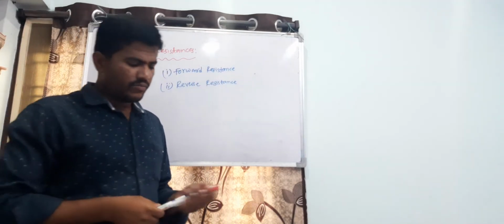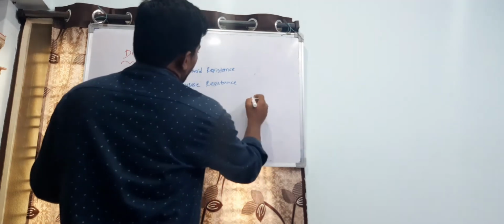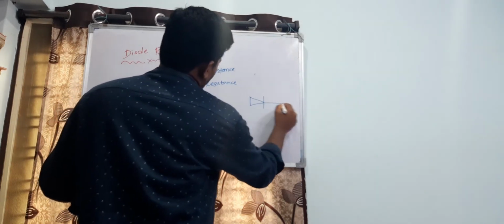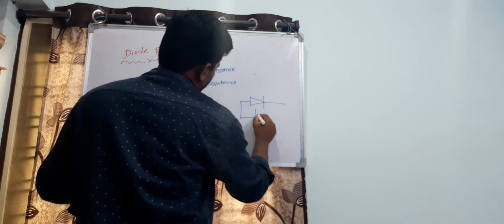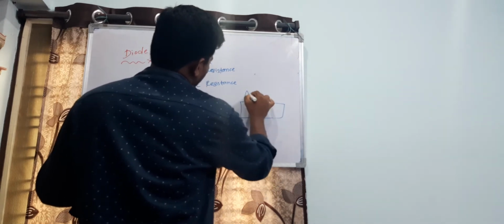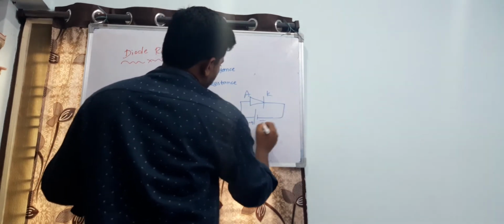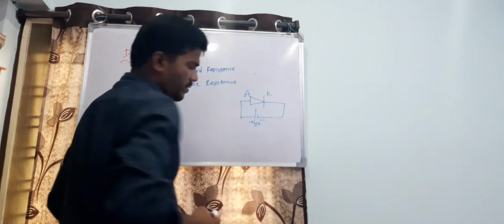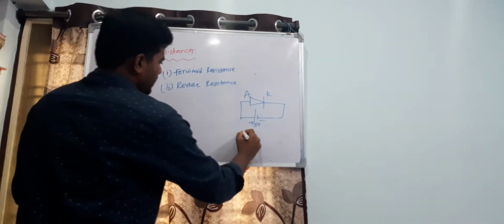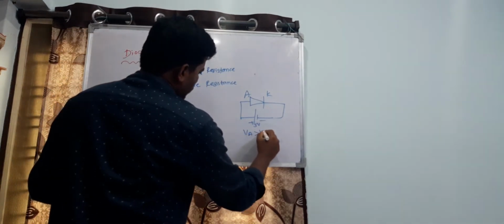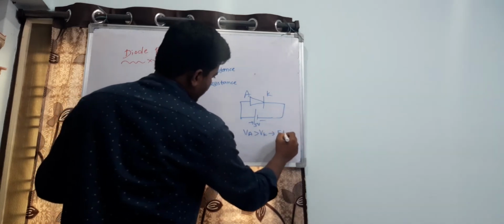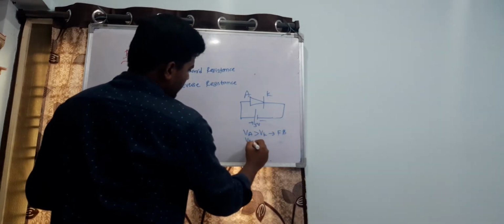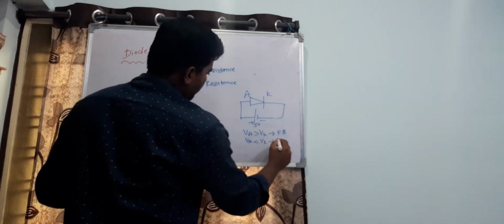When we connect the diode in forward bias condition, this is the anode and this is the cathode, the positive terminal and the negative terminal. When V anode is greater than V cathode, the diode will be in forward bias condition. When the anode voltage is less than V cathode, the diode will be in reverse bias condition.